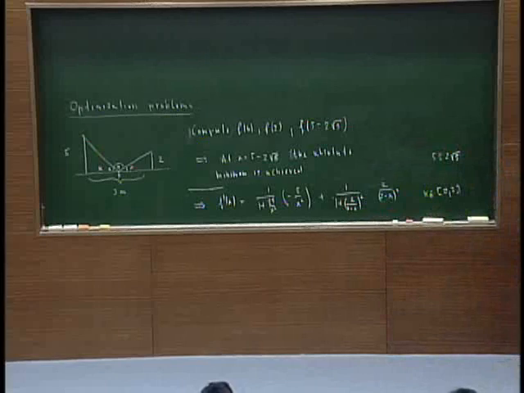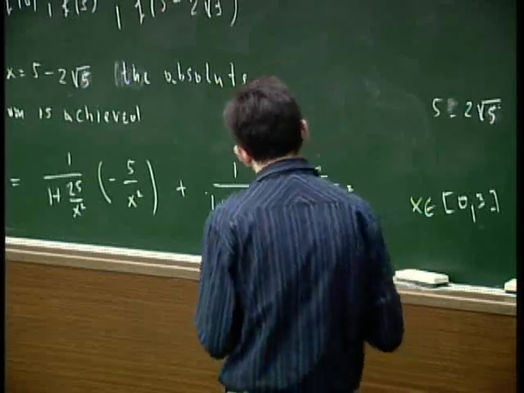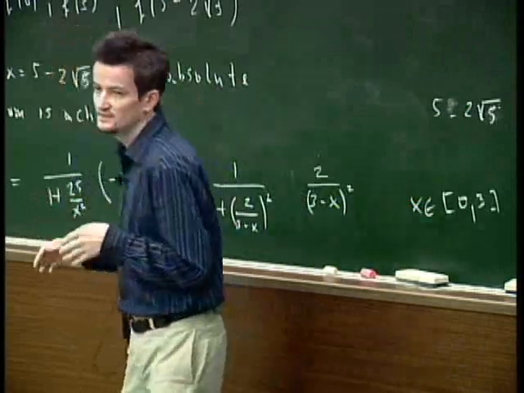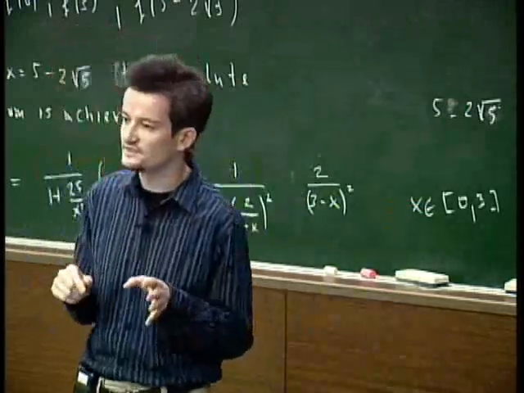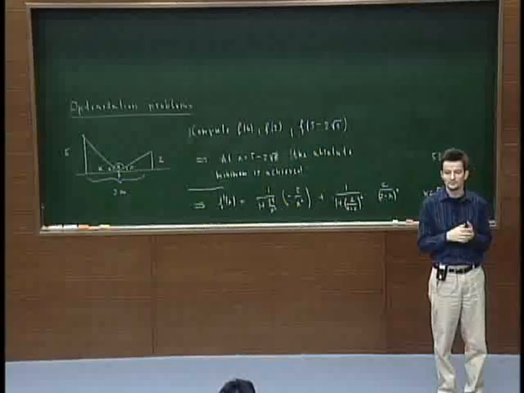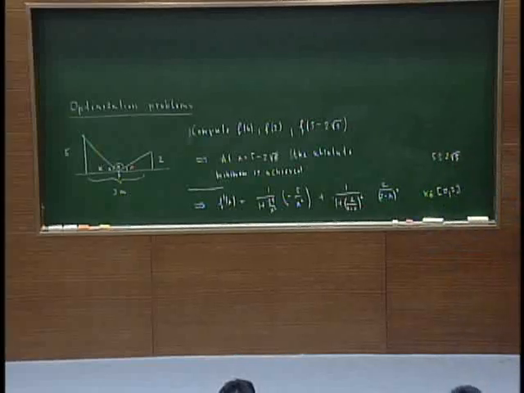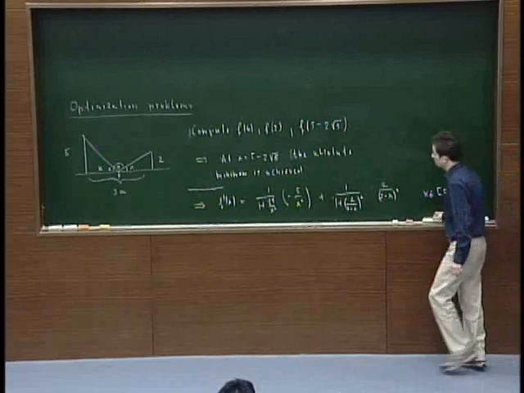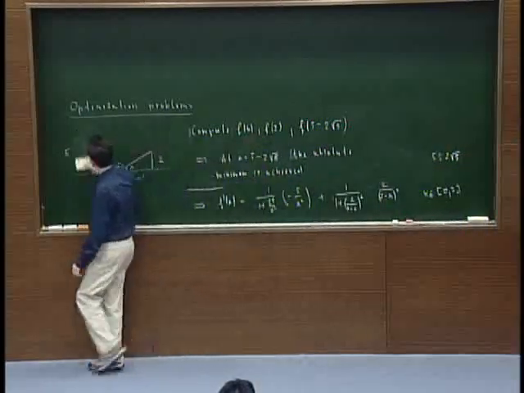So you really have to discuss at which of your critical points you have your absolute maximum or absolute minimum. Okay, so this is another example. Now, maybe a few more examples.